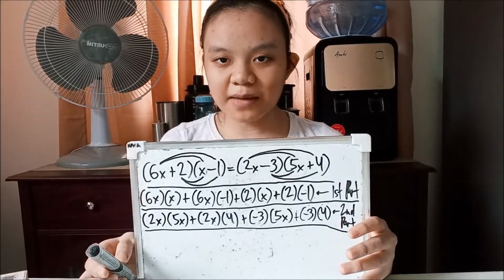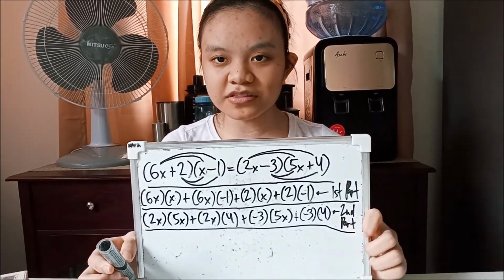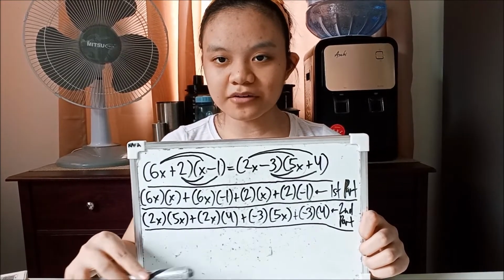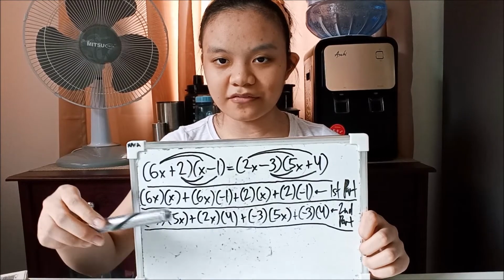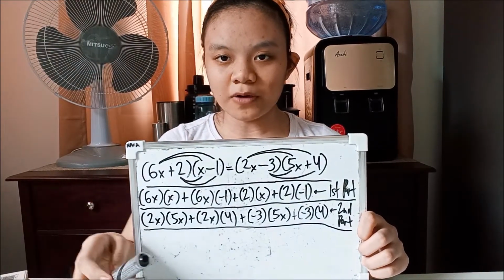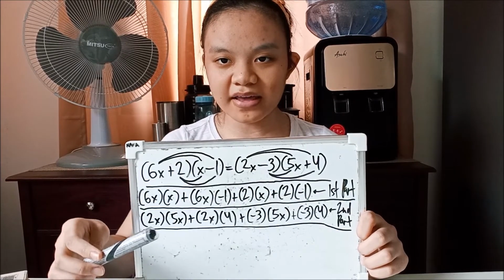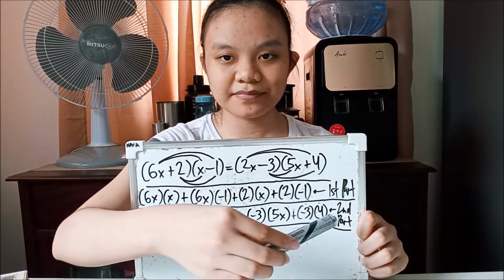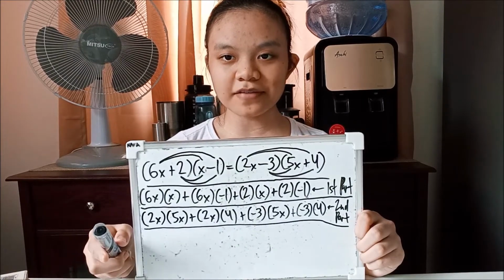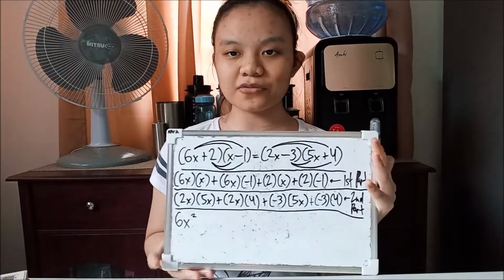So the next step is to multiply all terms according to the FOIL method. The left part will be answered by the first part right here, while the right part will be answered by the second part. So 6x times the variable of x is equal to 6x squared.